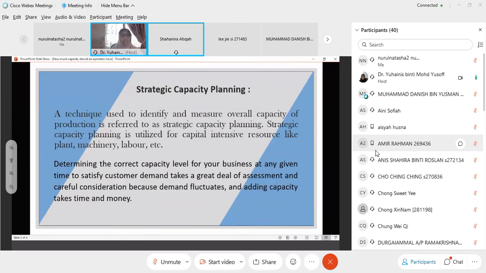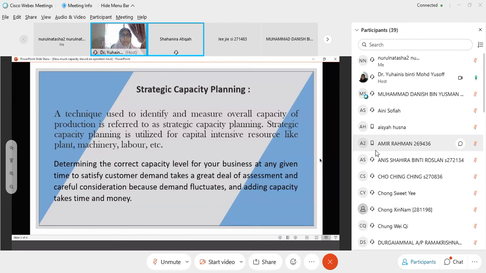The strategy capacity planning is a part of the technique that we can use to identify and also be able to measure overall capacity of the production. This is also to utilize for the capital intensive resource like plant, machinery and labor.